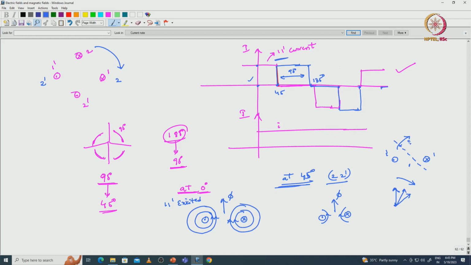At 45 degrees what is happening, the 2 dash coil comes into this place after 45 degrees rotation. For clear visualization I will draw in a bigger manner here. The rotor is rotating in this direction. This is the 0 degree reference, and once the 45 degrees is rotated, then 1 dash reaches this point.